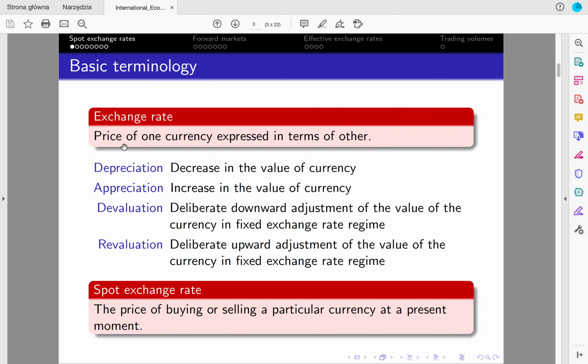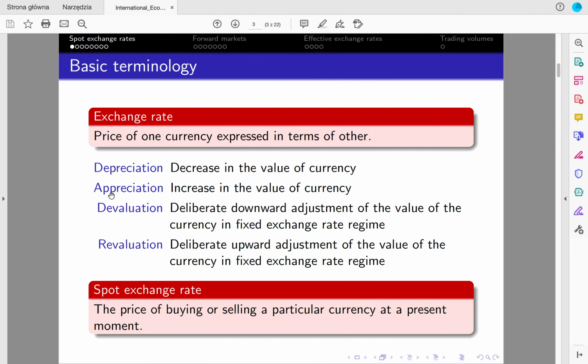Now, very often in macroeconomics classes, you were using the terms depreciation and appreciation. Depreciation means, of course, decreasing the value of currency, which means that for 1 unit of our currency, we can get fewer units of a foreign currency.